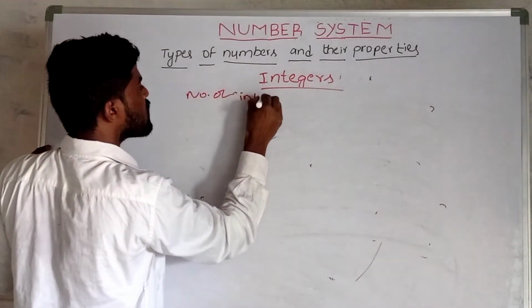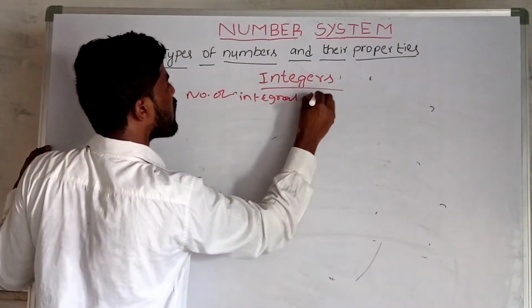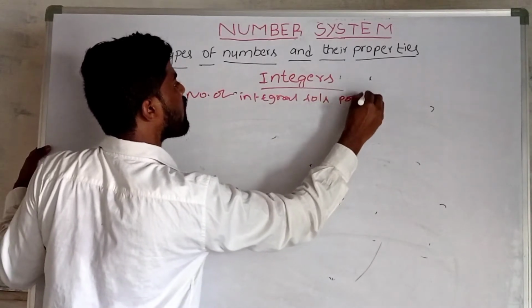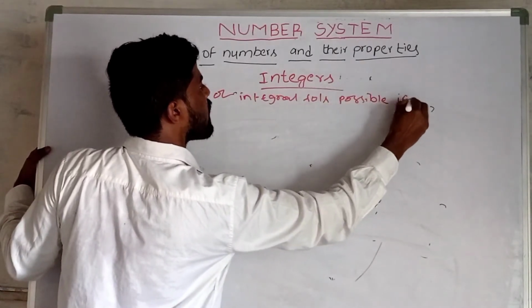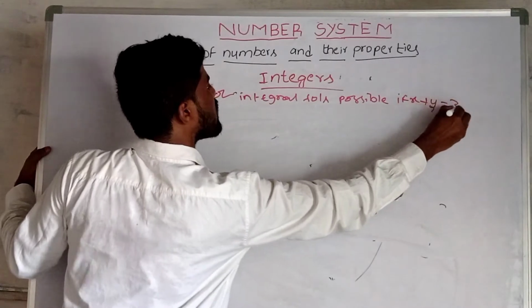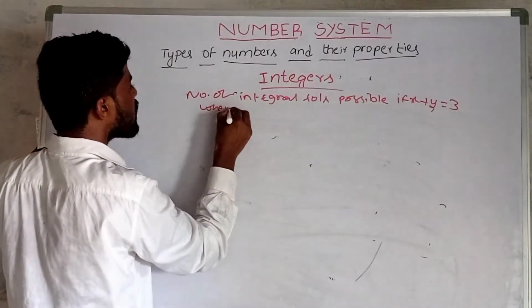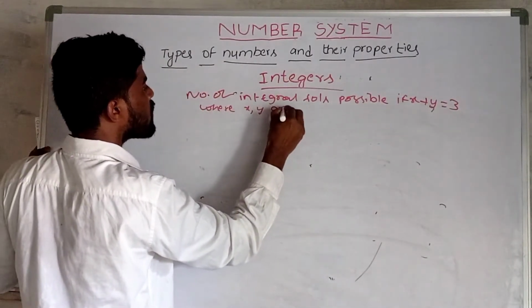Number of integral solutions possible if x plus y is equal to 3, where x comma y are integers.